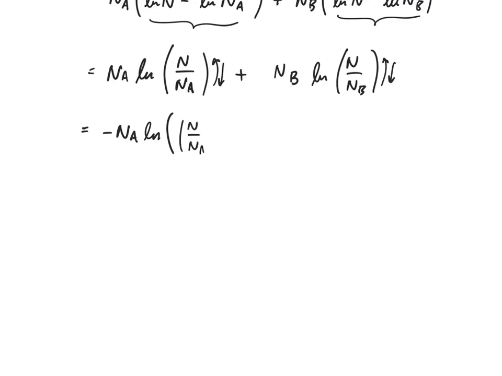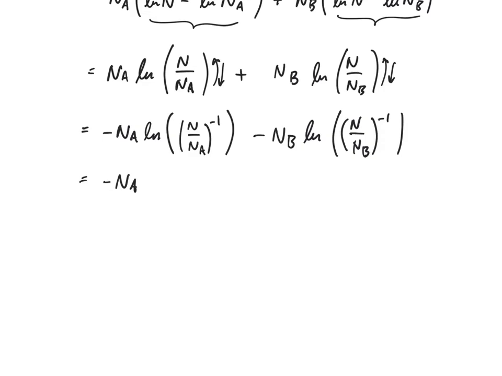So that's like doing this to the -1 power. Minus NB log (n over NB) to the -1 power. And this just equals negative NA log (NA over n) minus NB log (NB over n).